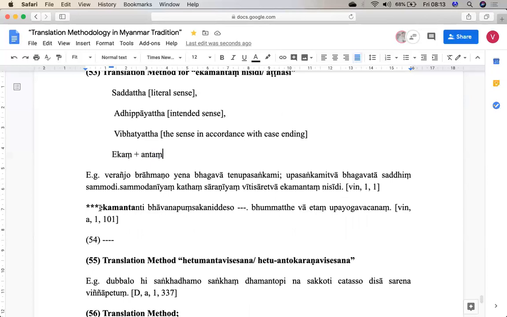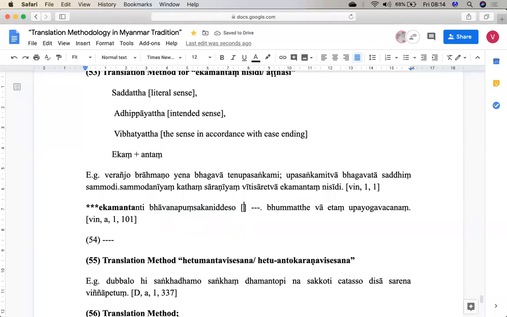So here, ekaṃsaṃ bhāvanapuṃsakanidesoti. Bhāvanapuṃsaka is kriyāvisesana, adverb. Nideso means indicating.